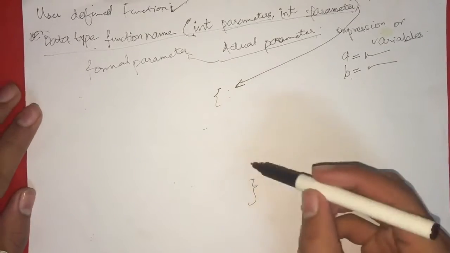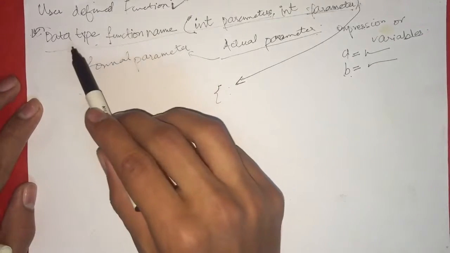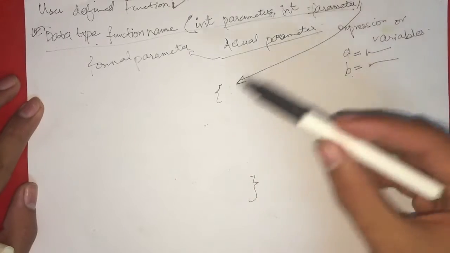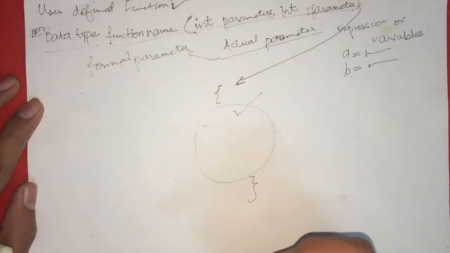So this code is going to do your task. It's up to you what name you give, what data type, what kind of parameters you choose, and what code you write in here, which will be executed when you call the function.